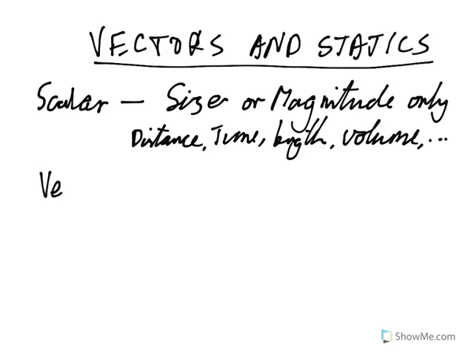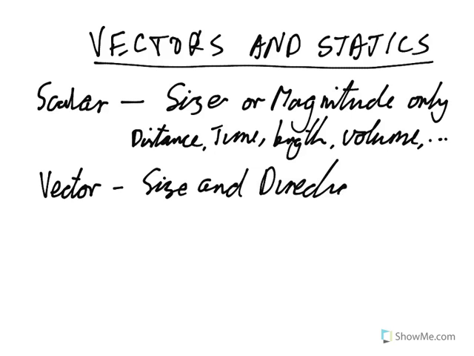A vector, however, has two things. It has a size and direction. So examples of that might be 800 metres north, 30 degrees to the east.